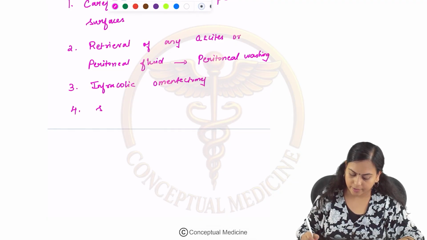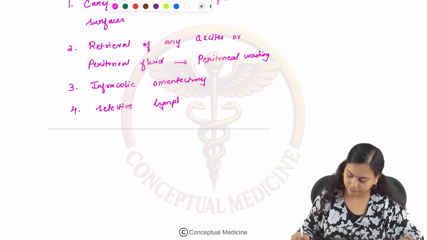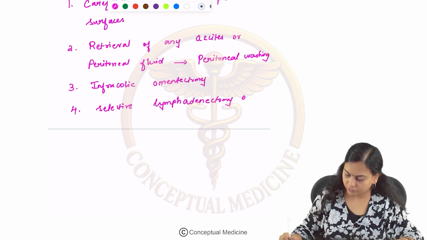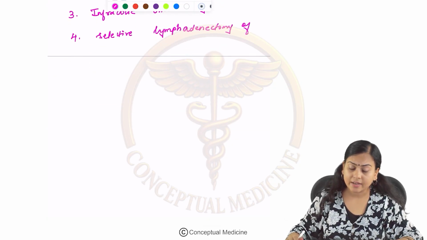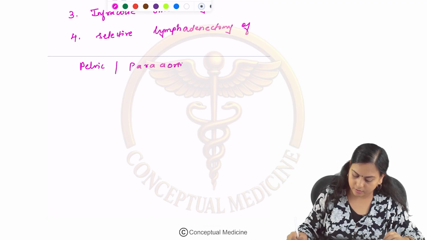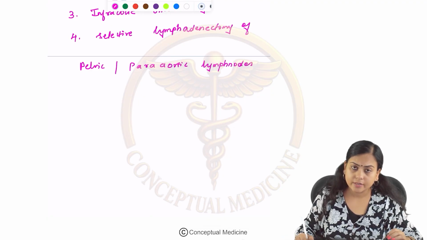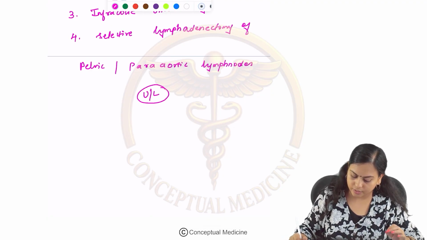That should be followed by selective lymphadenectomy of your pelvic and para-aortic lymph nodes. Okay, pelvic or para-aortic lymph nodes, and this will be done unilaterally if the tumor is unilateral.